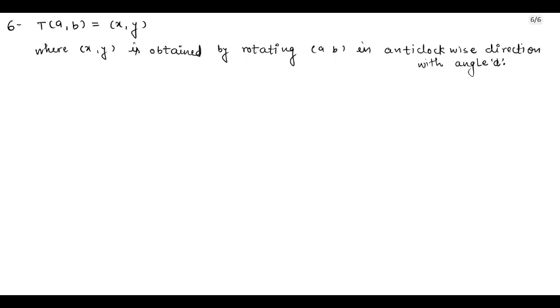If we have a coordinate system and we say point (a, b) is somewhere here, this is my point (a, b).